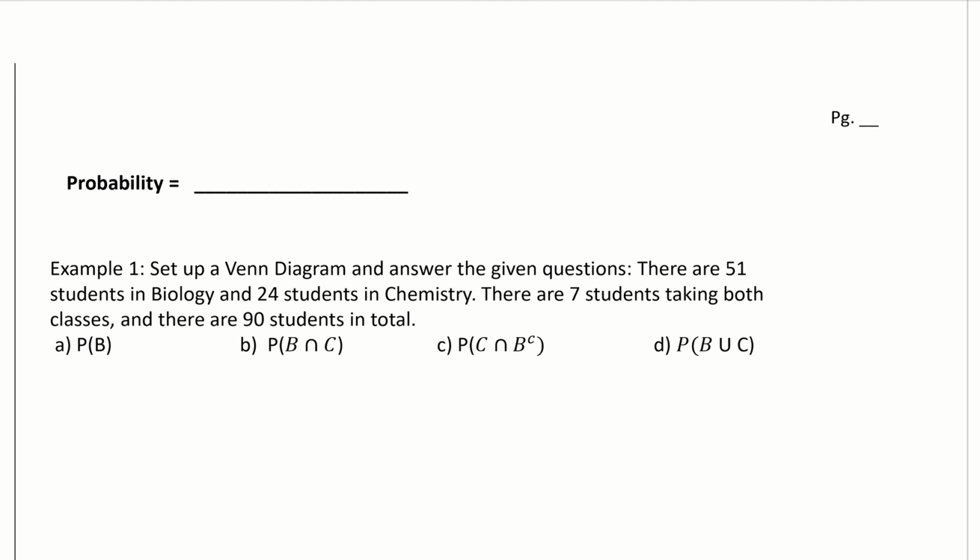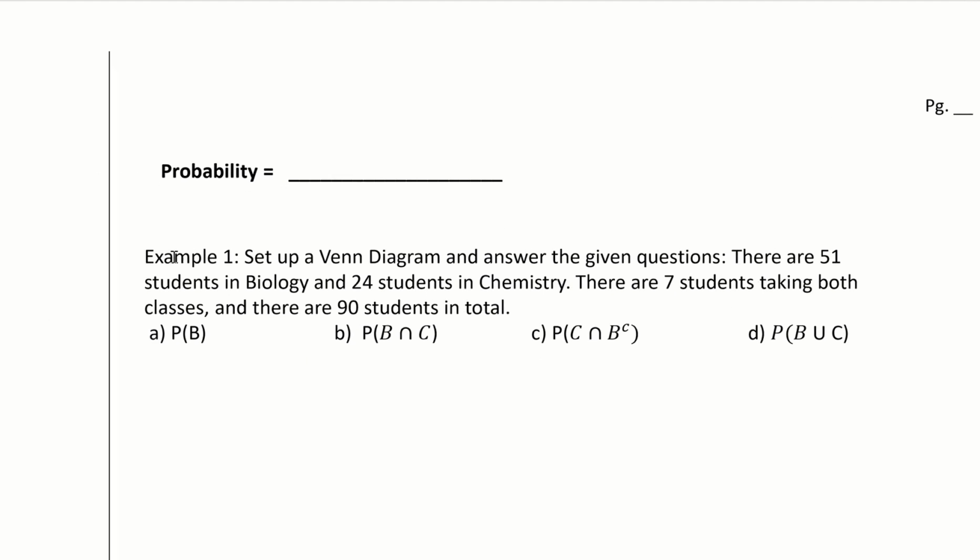Now we're going to actually give an example of this, but before we do that, first we need to go over real quick how we calculate the probability. Just to recap, remember the denominator is all the outcomes in the sample space.